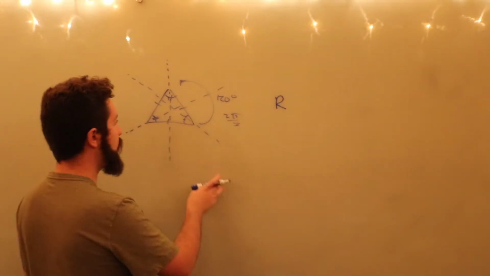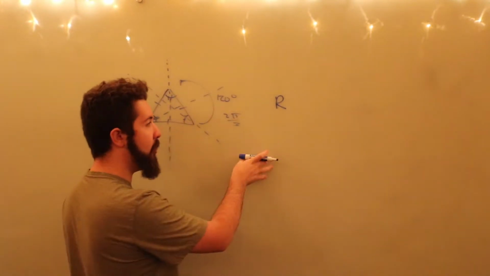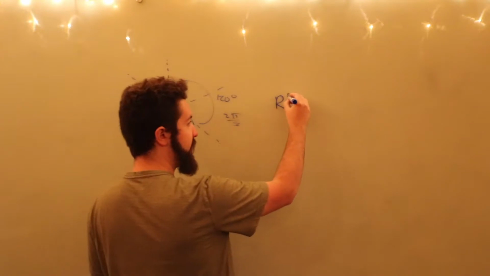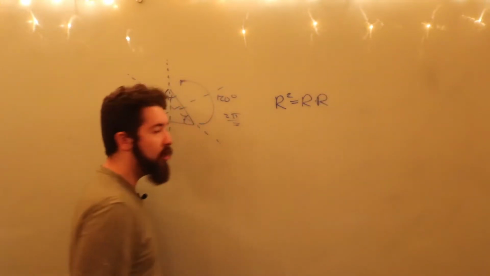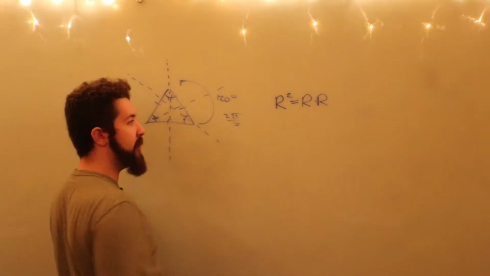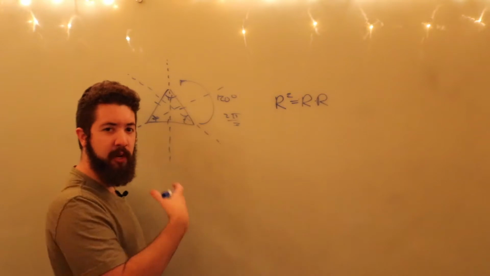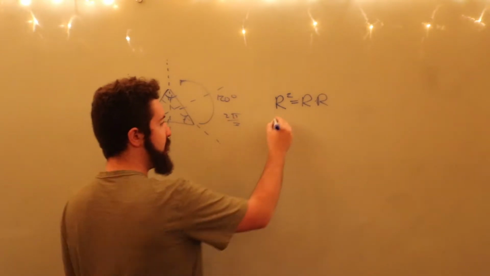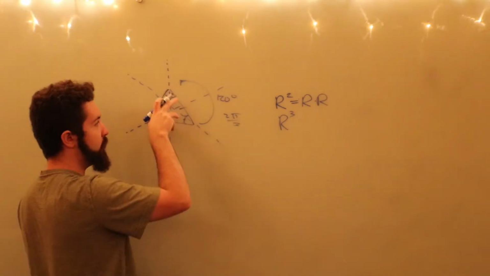And then we'll call r squared the application of r 2 times successively, so r, then r, right? And we'll call a successive operation just multiplication. We'll denote that by multiplication. So that r cubed is going to be 3 rotations by 120 degrees.